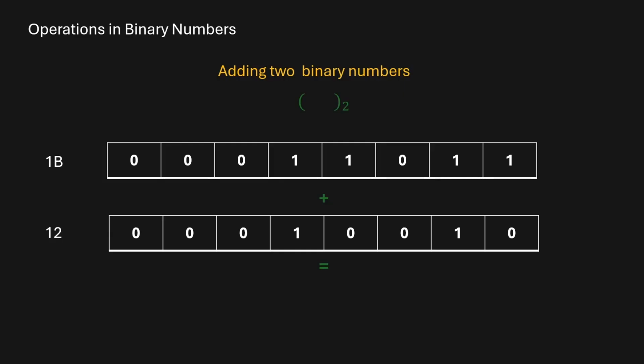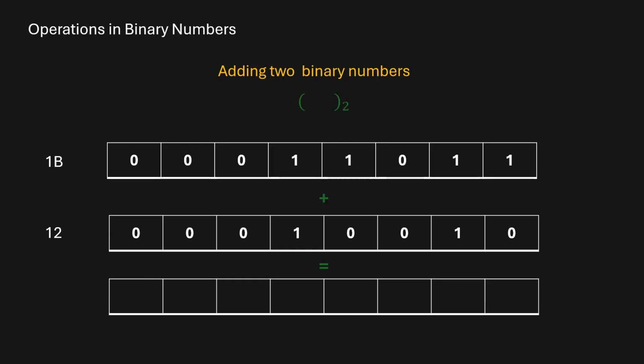Now we add these two binary numbers together. 1 plus 0 equals 1, 1 plus 1 equals 2, and the representation of 2 in base 2 is 10. Since we cannot place two digits in one position, we write 0 and carry 1 to the next column. Now 1 plus 0 plus 0 equals 1, and 1 plus 0 equals 1.